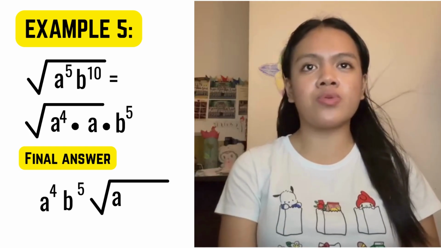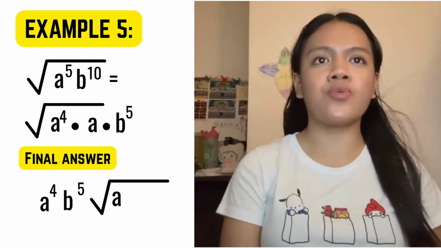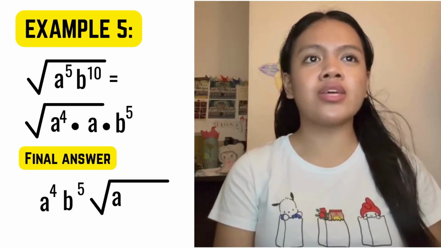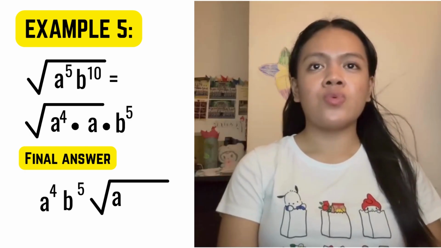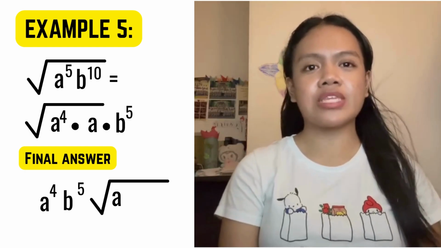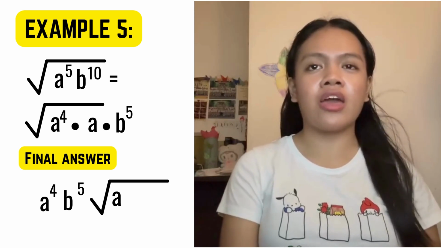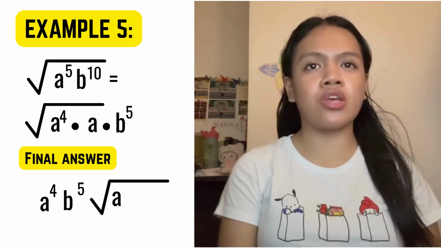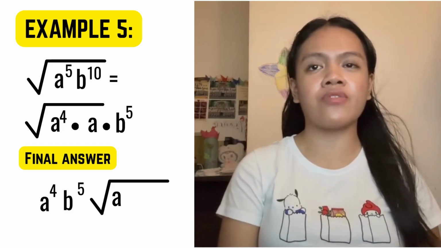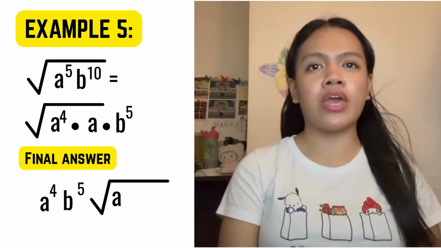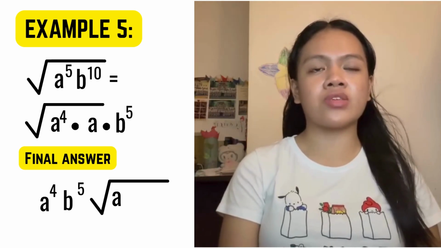That will be 2 groups, which is equal to 4 with 1 left over. You will get a raised to 4, and since 10 is divisible by 2, we just copy that. Step 2, we simplify. We divide 4 by 2, which is equal to a squared, and 10 divided by 2 will be b raised to 5. So the final answer will be a squared, b raised to 5, square root of a.